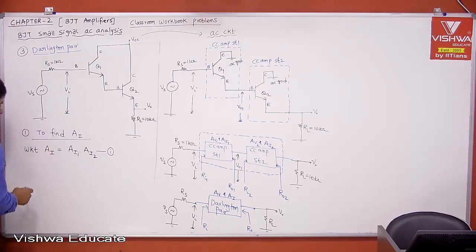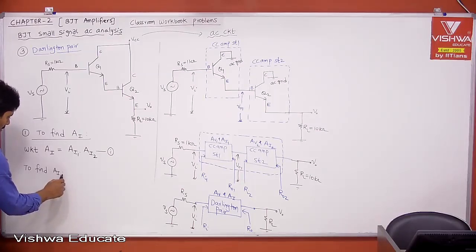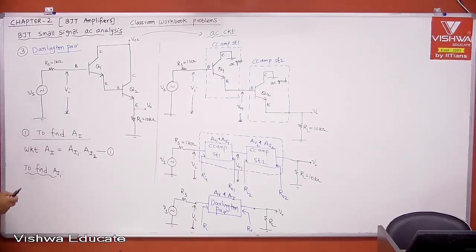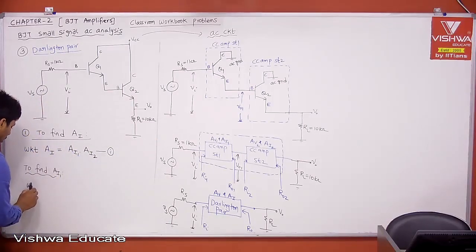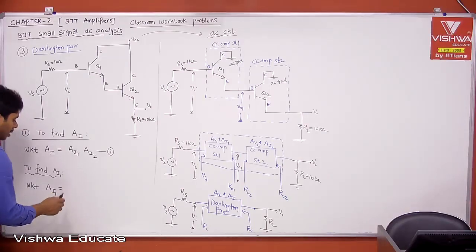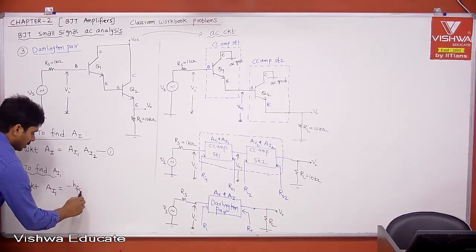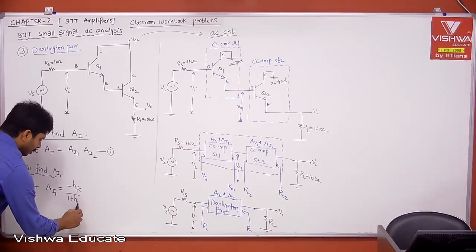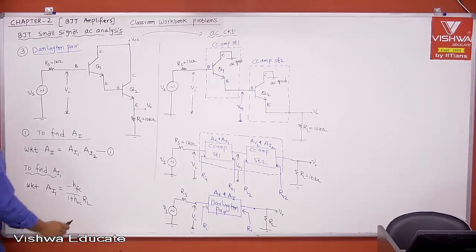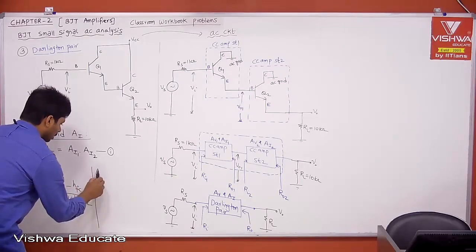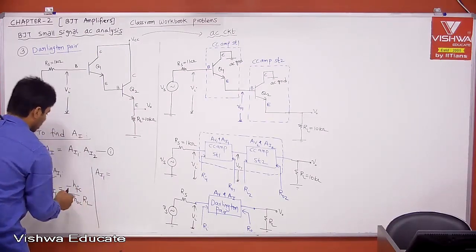Now, internal. Therefore, this is to find AI1. Okay. What is the AI1 formula? We know, right? Already. Therefore, using the general formula, AI1 is nothing but minus HFC divided by 1 plus HOC into RL, right? Therefore, AI1 is equal to minus HFC.